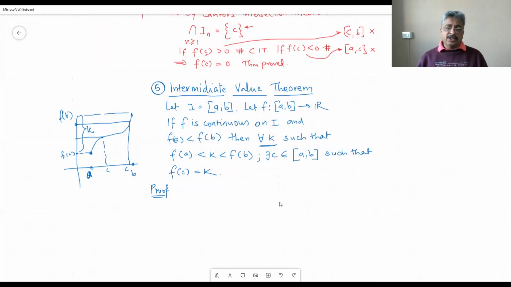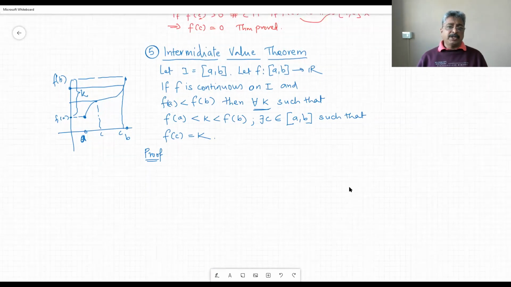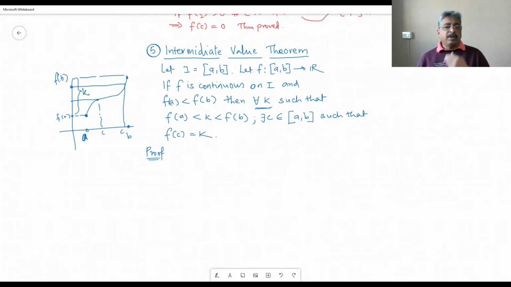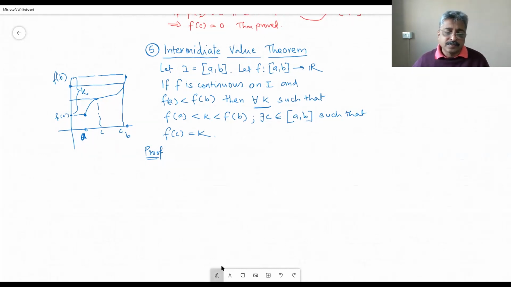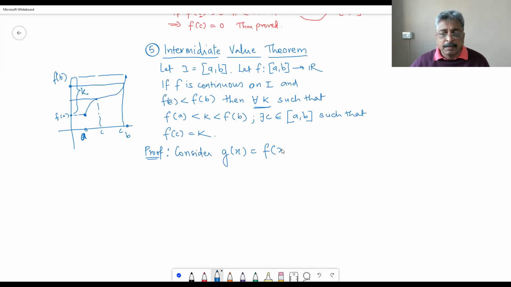If we can create a situation like that in the intermediate value theorem, we will be able to do it, and it is very simple because it is given that f(a) is less than k is less than f(b). So consider g(x) is equal to f(x) minus k.